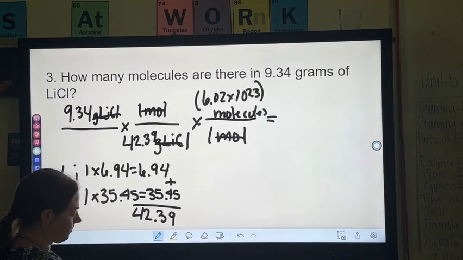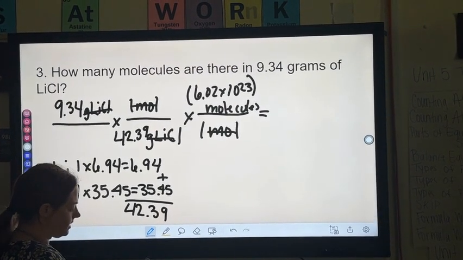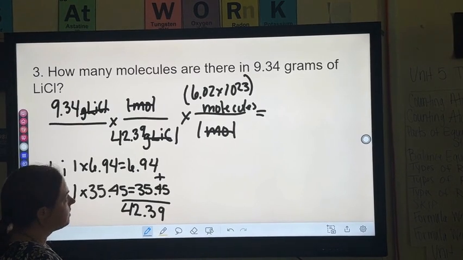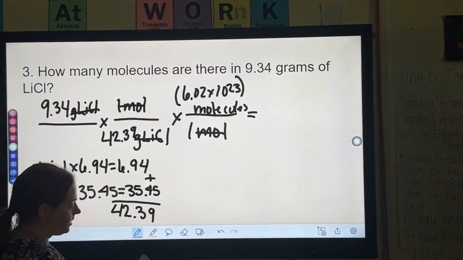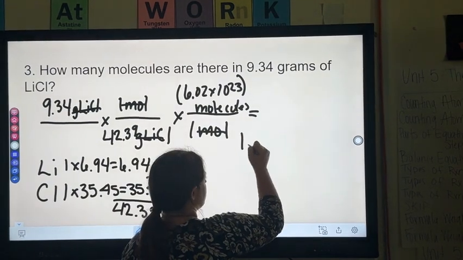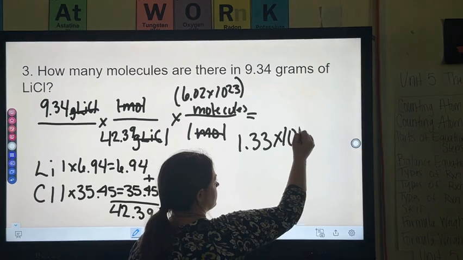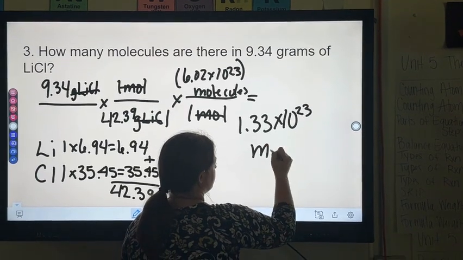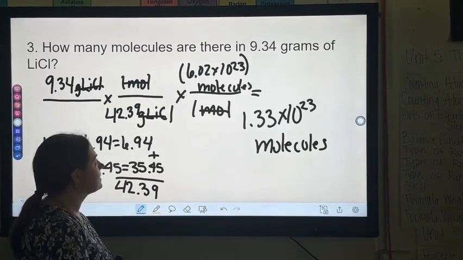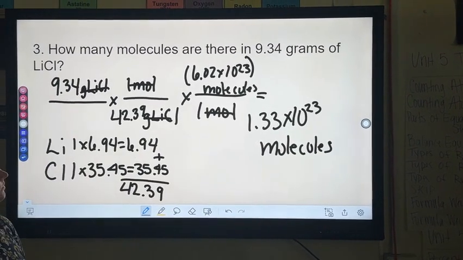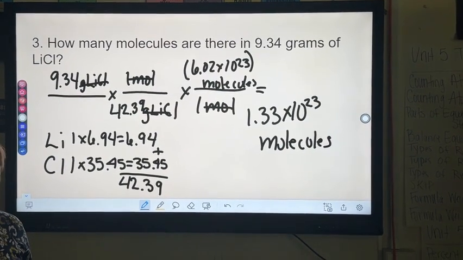So 9.34 times 6.02 times 10 to the 23rd divided by 42.39, and you get 1.33 times 10 to the 23rd molecules. This was a 3 sets of railroad tracks problem, so make sure you follow along, or if you need help, check in with your teacher.